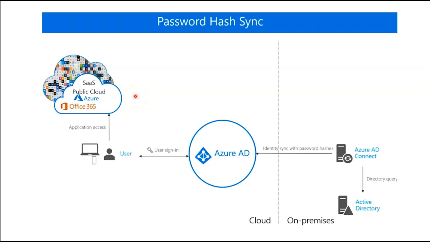It alerts all the administrators through a leaked credential report, or it will automatically block users from signing in, or maybe even allow them to reset their password the next time they sign in. So this feature is only possible if you use the password hash sync option.